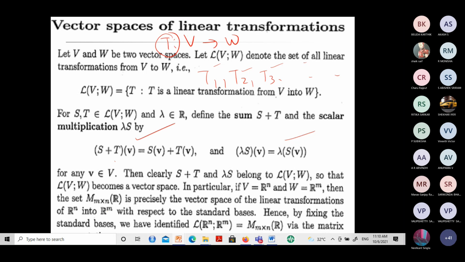Clearly, S plus T and lambda S both belong to L of V comma W. What is L of V comma W?